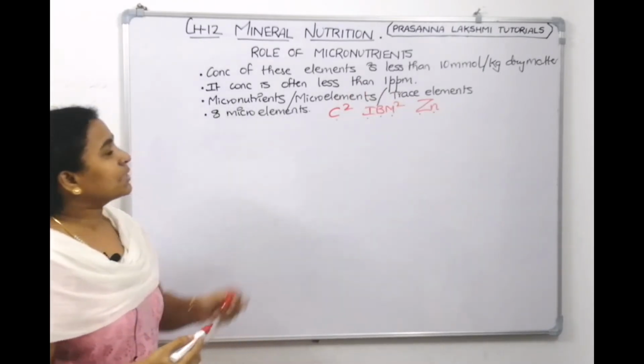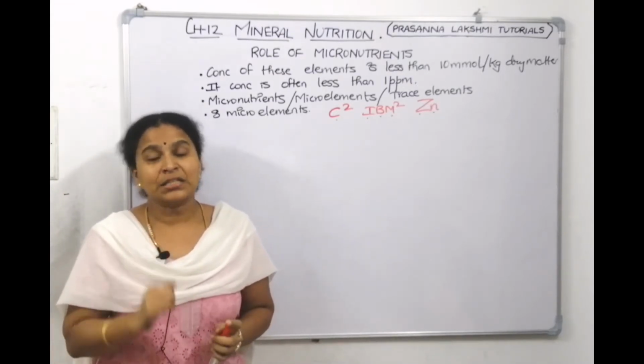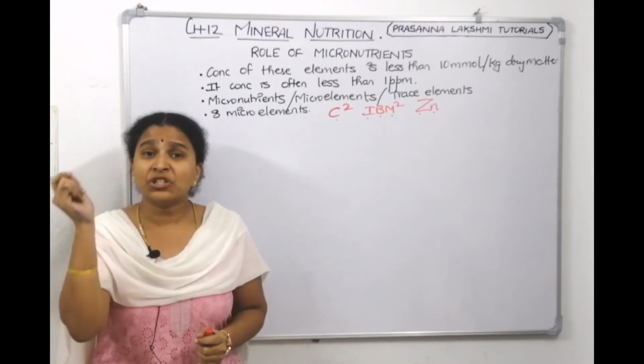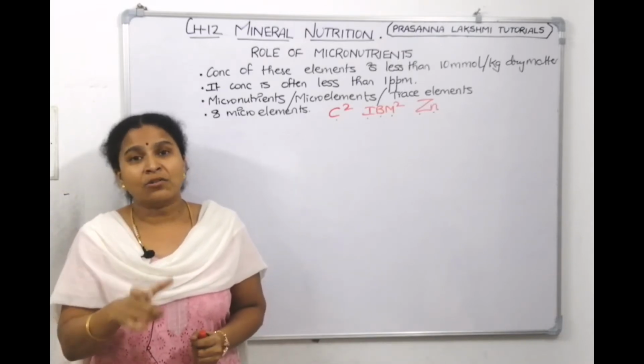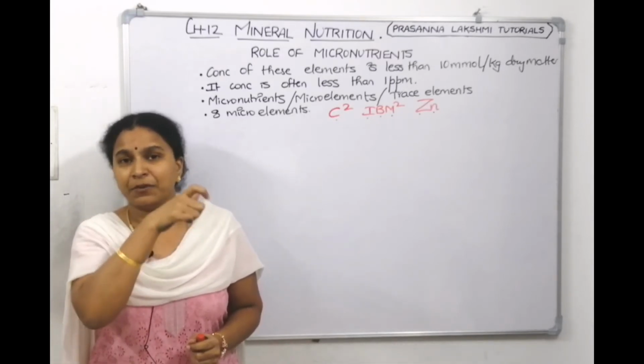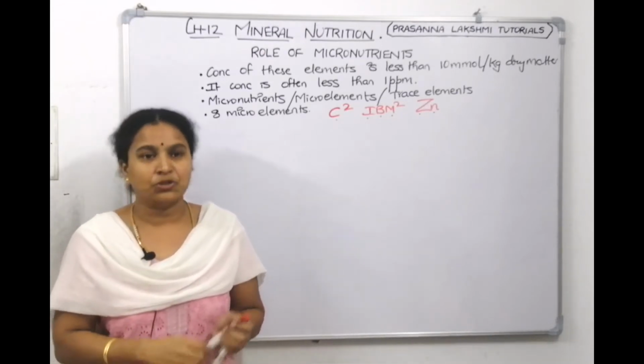Total 8 elements come under microelements. Once in the NEET examination they asked which element is absorbed in which ionic form. For macroelements we made a table like that. For microelements also we'll make a table for these 8 elements. Then we will talk about each and every element individually.